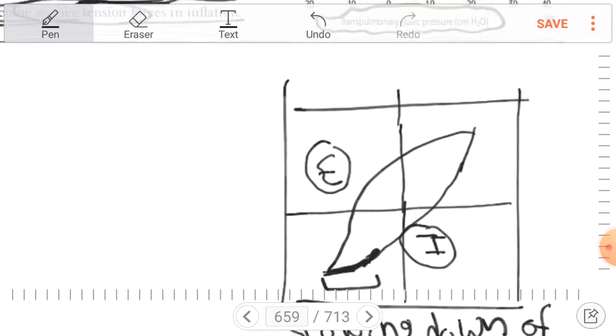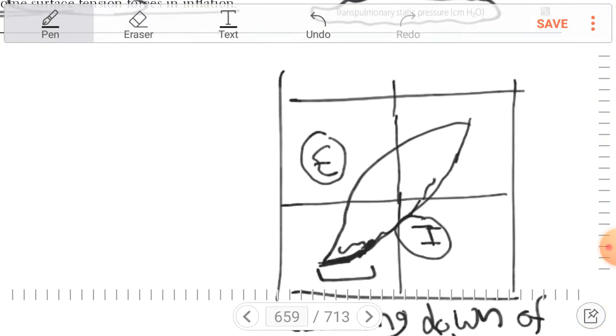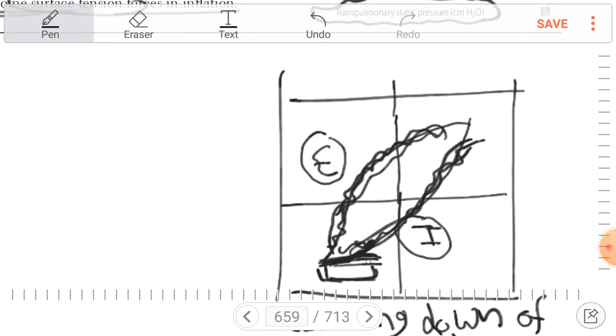What is meant by this? You have here the inspiration and here the expiration. You will notice that there is resistance at the beginning of inspiration. There is a difference in the curve between inspiration and expiration.